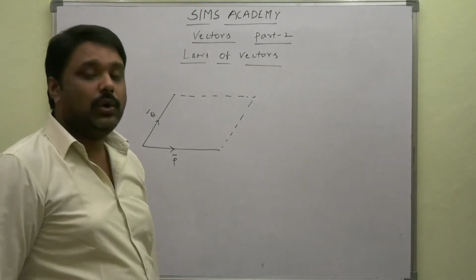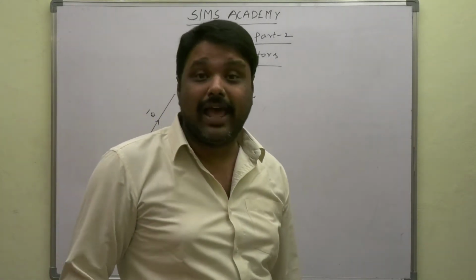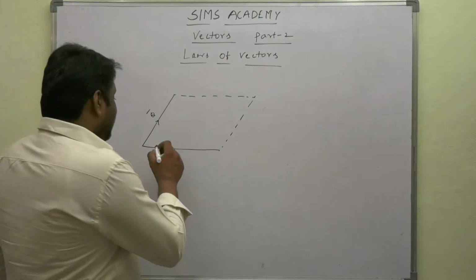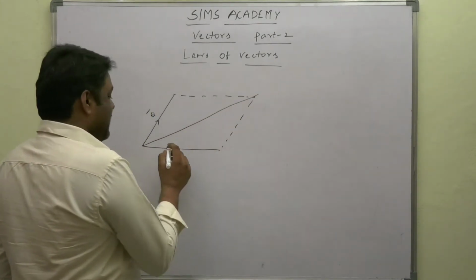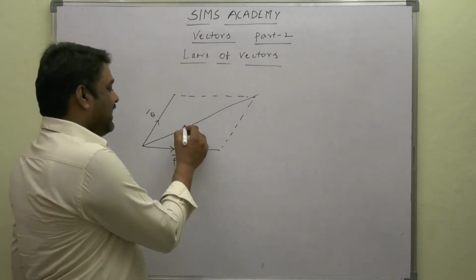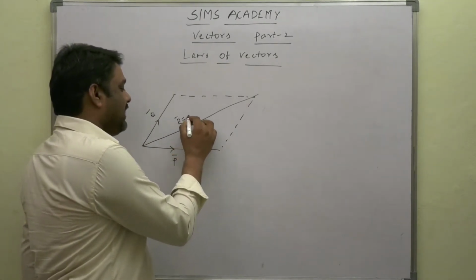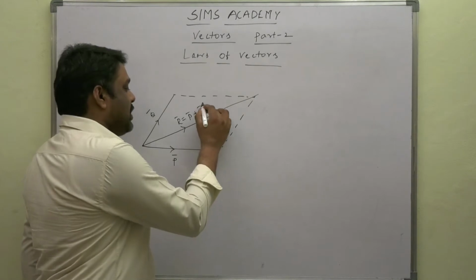Then the diagonal represents their resultant. R bar equals P bar plus Q bar.